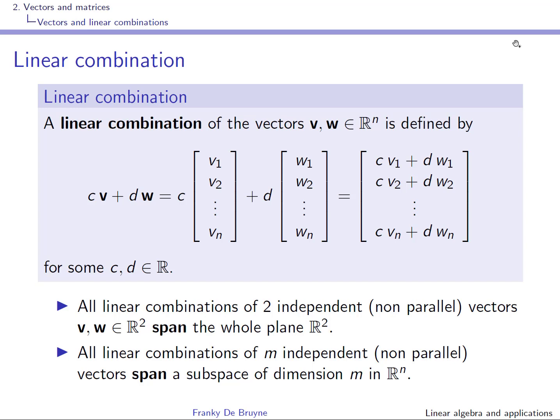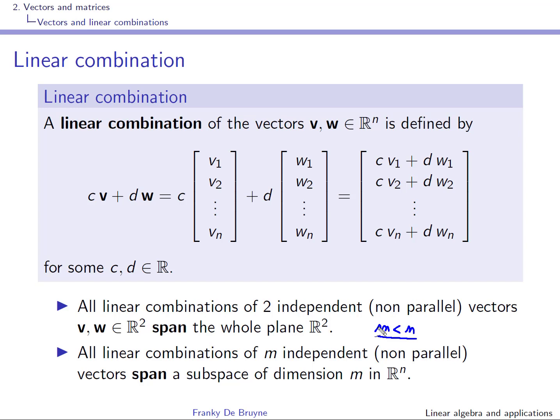Suppose now that instead of taking n independent vectors, you take m, and of course m is smaller than n. You take these m vectors that are independent, and you take all possible linear combinations of these vectors. They will of course not produce the whole space Rn, but a subspace.